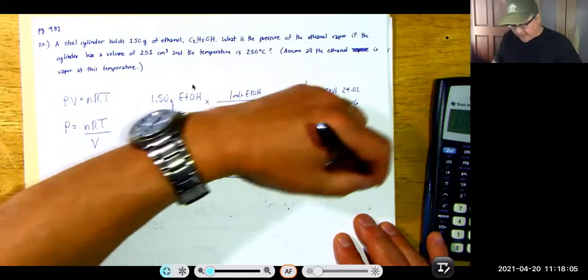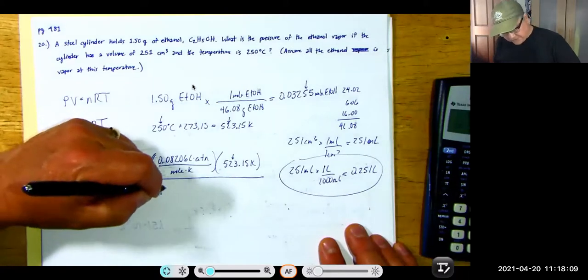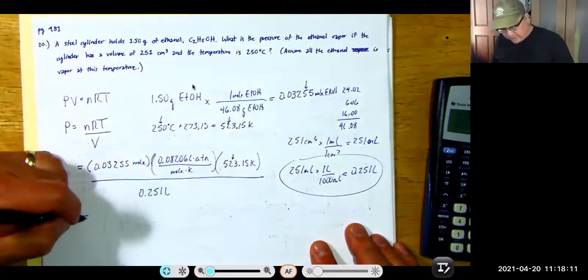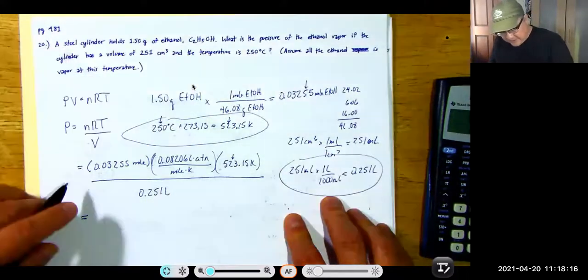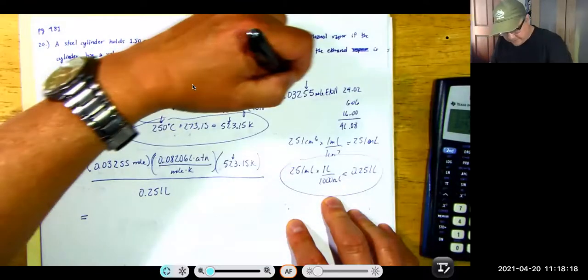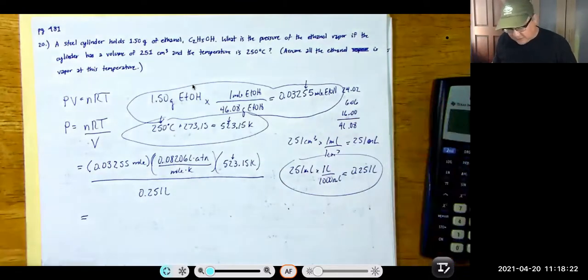I'd want to see that calculation. Remember, I'm circling all the things that I'd want to see in the answer. I wouldn't want to see you calculating the molar mass. You either get that right or you get that wrong, and it affects the rest of your answer.